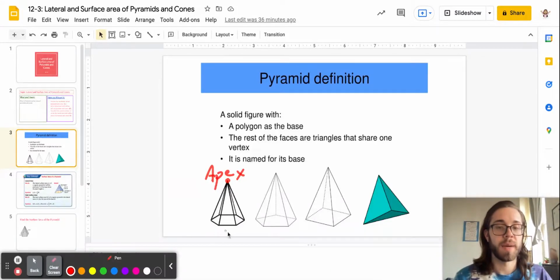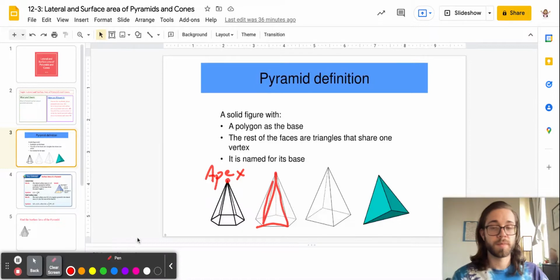And again, it is named for the base. So you have a pentagon, hexagon, square, or potentially a rectangle, triangle. And all of these faces right here, all the lateral sides, are going to be triangles.